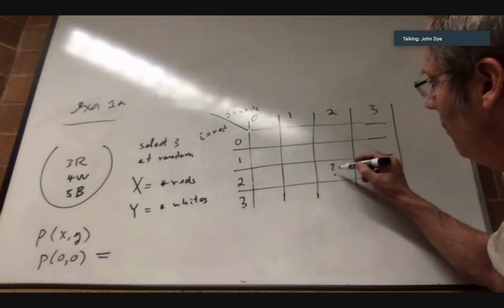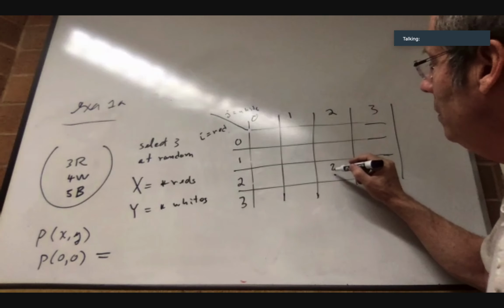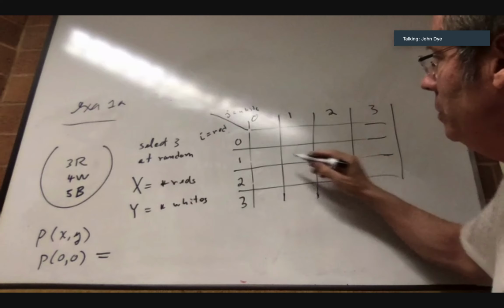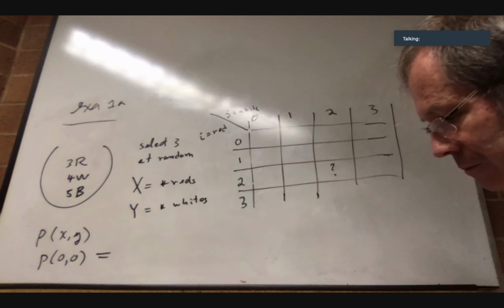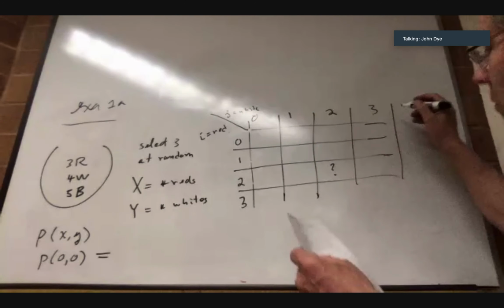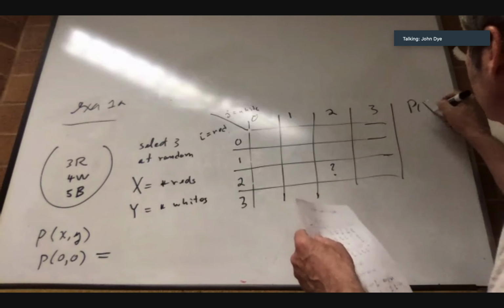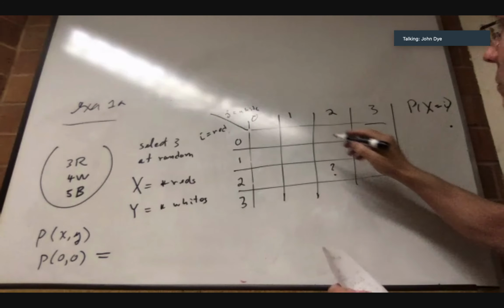So what would be the probability of getting two reds and two whites? This is one more line here, the probability x equals y.